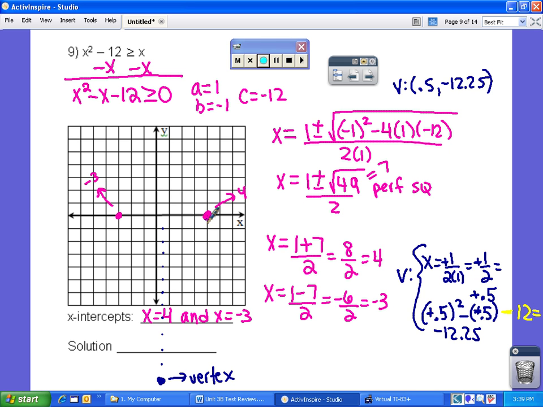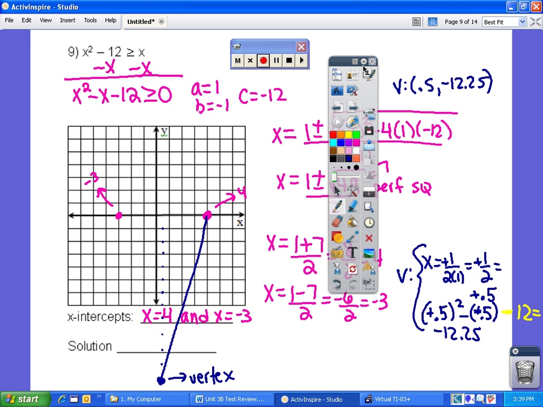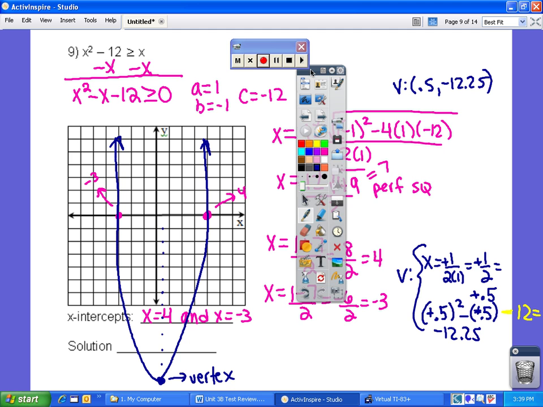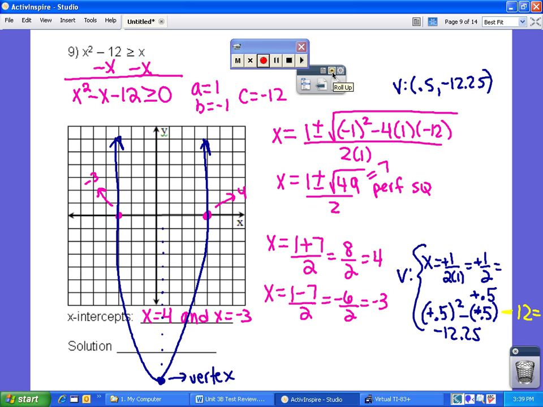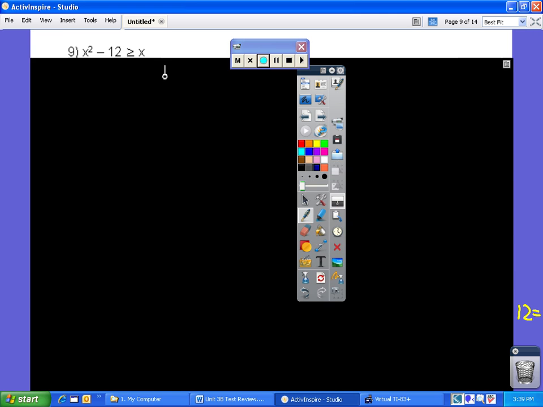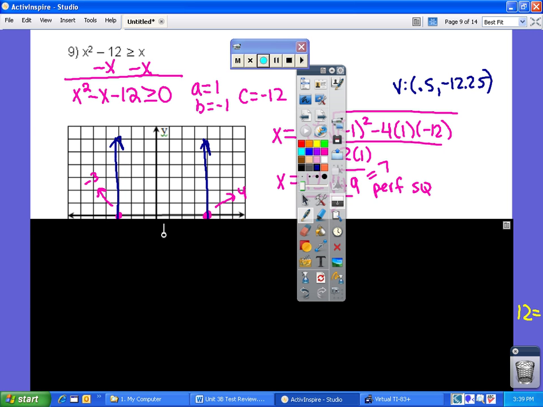Okay, so now we're just going to connect our dots. Alright, the next thing that they want you to look for is, since it says greater than 0, we should only be looking above the x-axis, and that's these numbers here. So if we look above the x-axis, that means we only want to know the x values here and here.